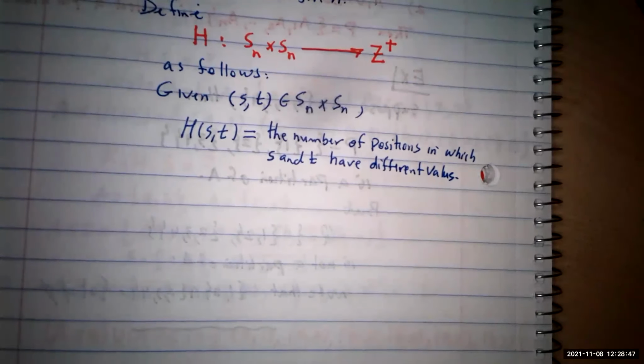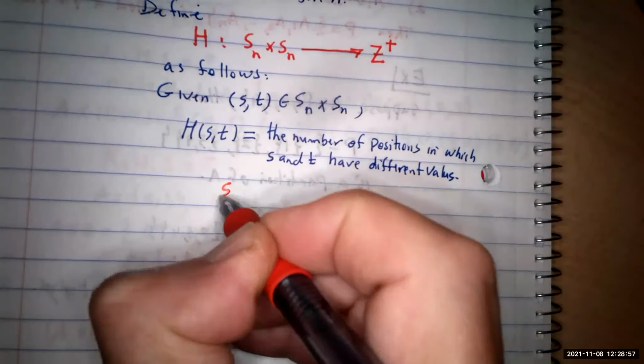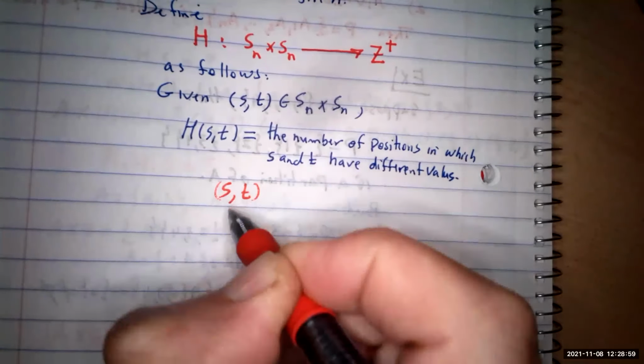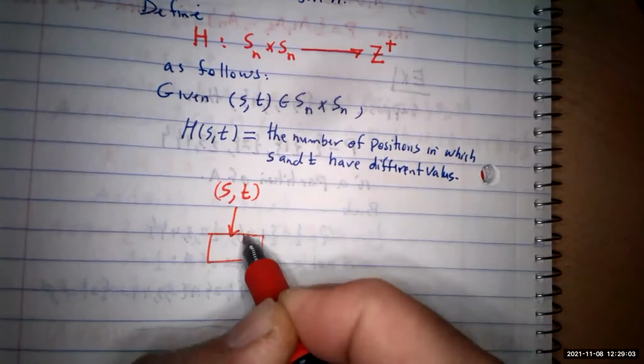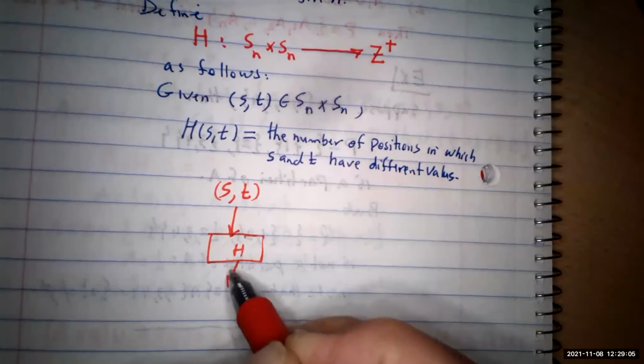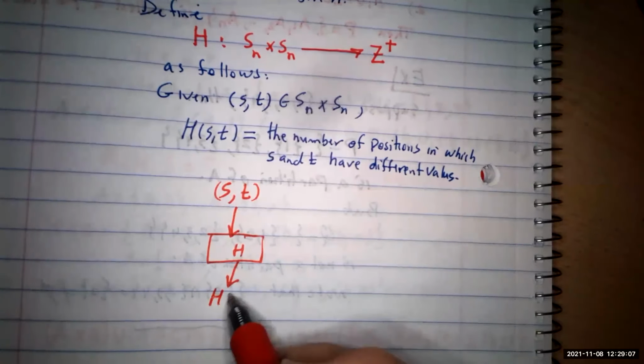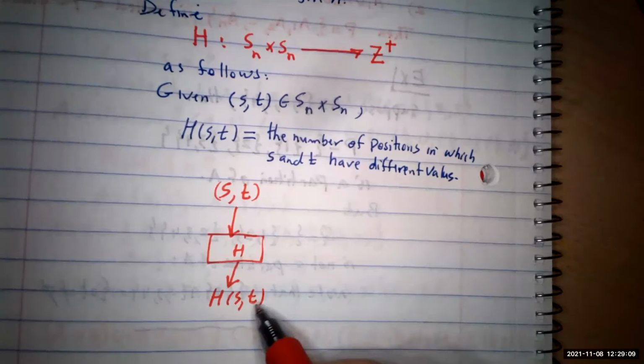Both codes would be given to you, so you just count the number of positions that are different. That would be the result of your function. Okay, so this is the function. I give you a pair of codes. You drop them into the Hamming function. The Hamming function will give a result, H(S, T), which is going to be a number.